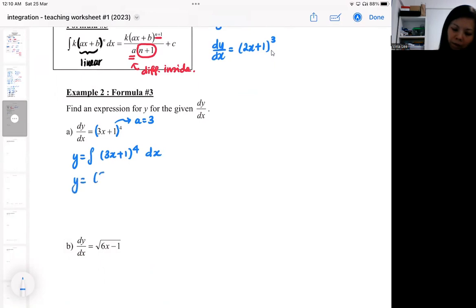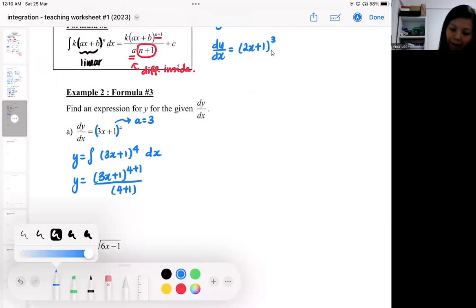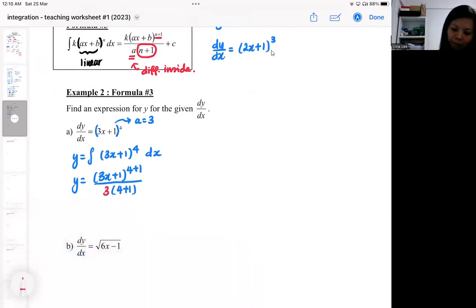When you apply the formula, you return the power. You divide by the new power together with your A. Your A is 3. Then you simplify. When you simplify the denominator, 3 times 5 is 15. So the denominator is 15. It's equivalent to 1 over 15 bracket 3x plus 1 power 5.